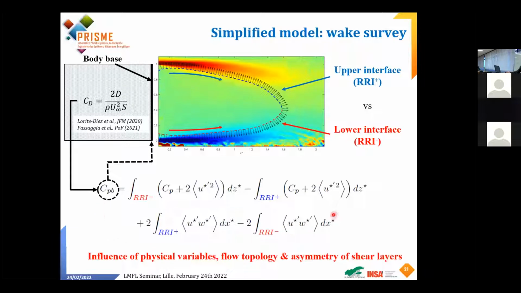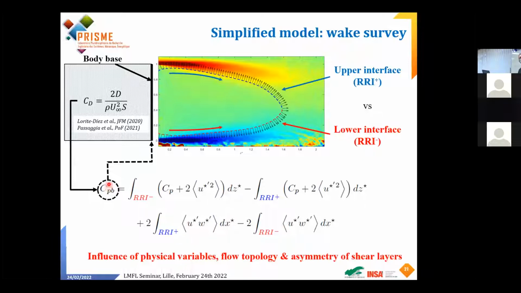And here, my expression will tell me about the influence of physical variables, pressure and Reynolds stresses, as well as the flow topology, because the way the z is evolving, so the shape of the bubble, will tell me something about the drag at the end of my system. So the objective is to say how this quantity is evolving using these equations.